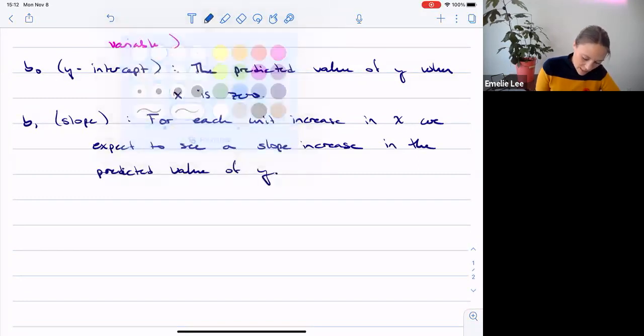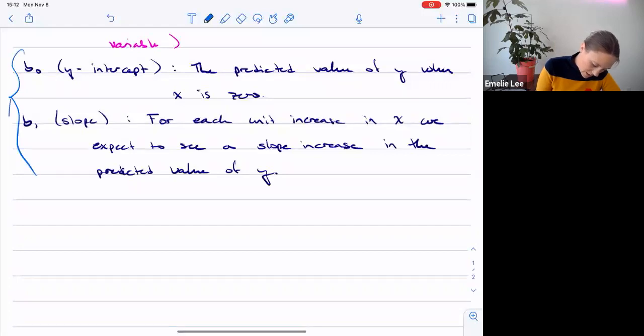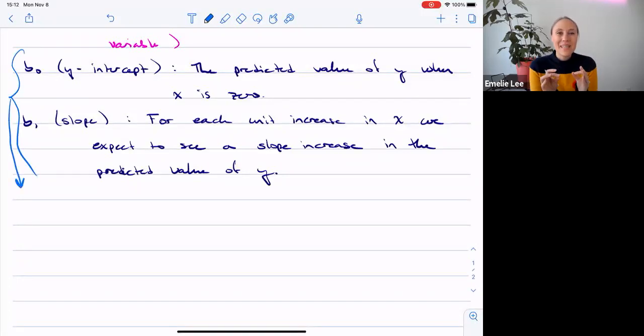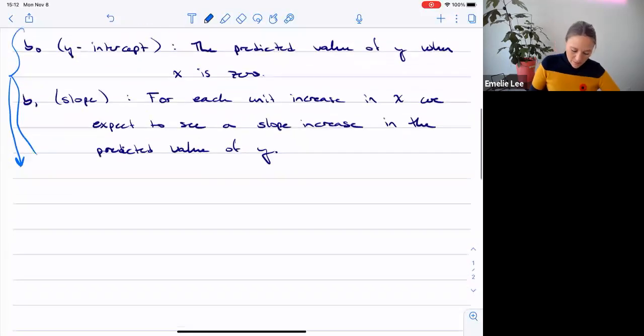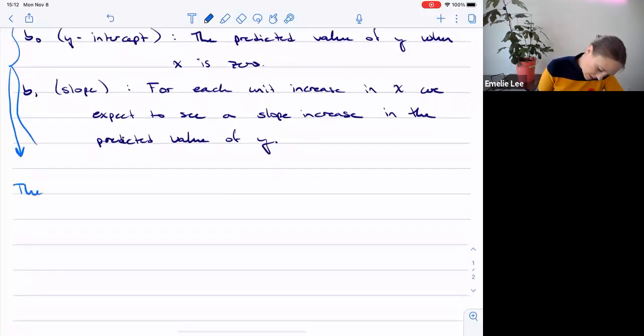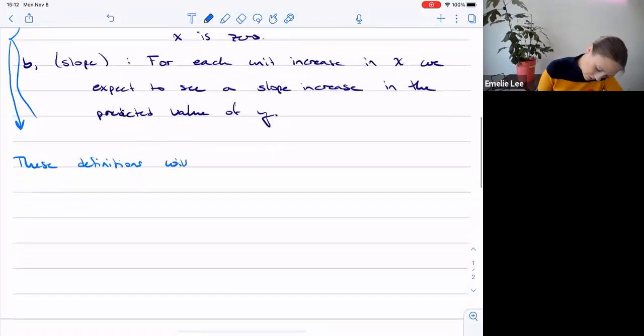What's nice is that these definitions will extend to the multiple linear regression case as well.